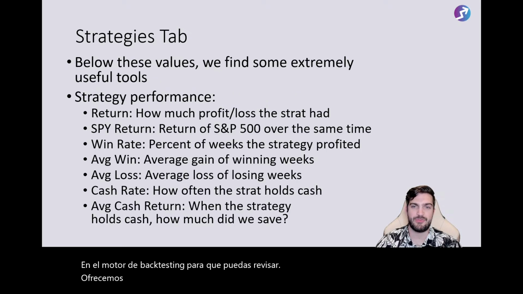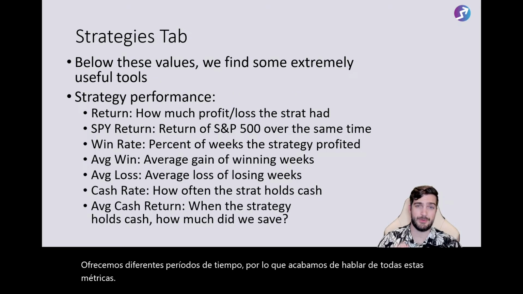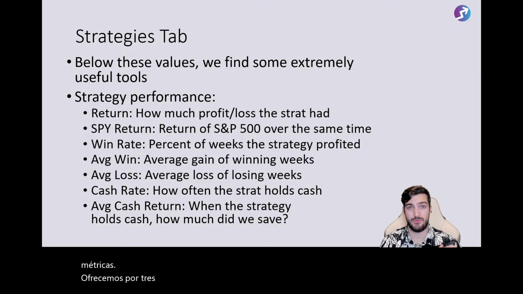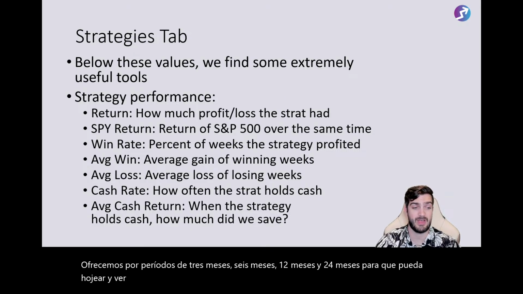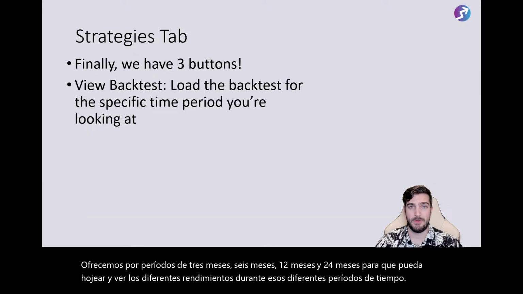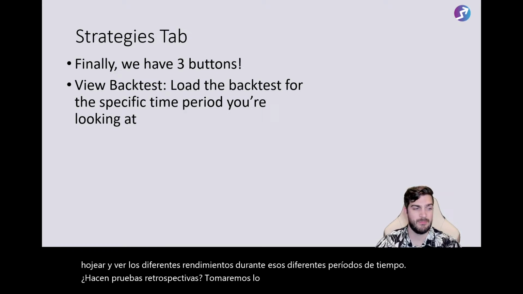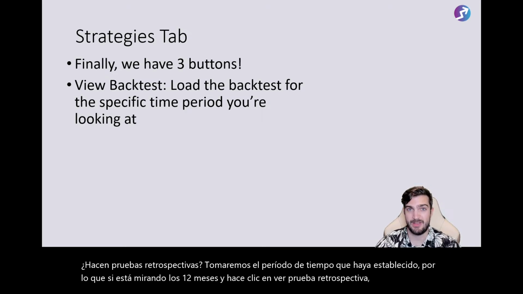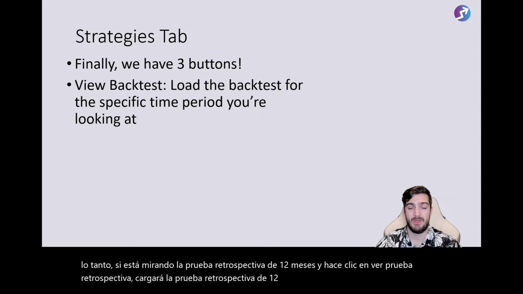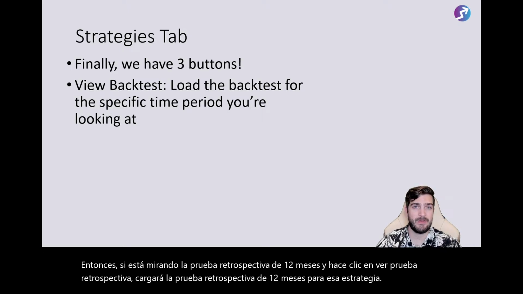All of these metrics we just talked about, we offer for 3-month, 6-month, 12-month, and 24-month periods. So you can flick through and see the different returns over those different periods of time. View backtest will take whatever time period you have set. So if you're looking at the 12-month and click View Backtest, it will load up the 12-month backtest for that strategy.